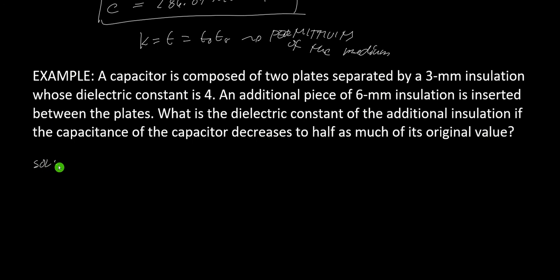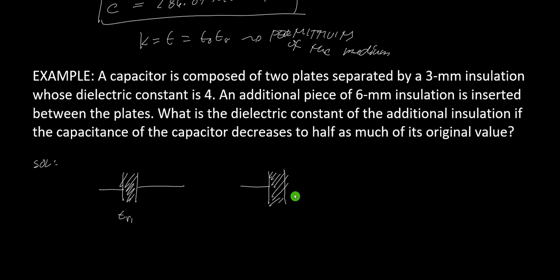So solution. First, this is a capacitor that has the first dielectric, epsilon naught. We can just call this one R1. After that, we inserted some more insulation, and we retain the original dielectric.